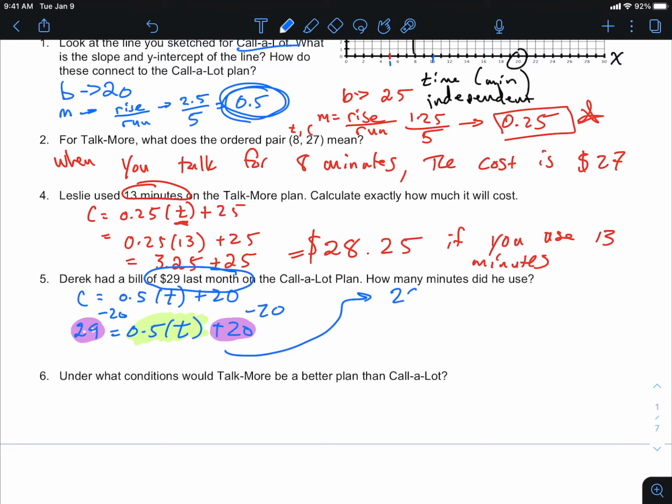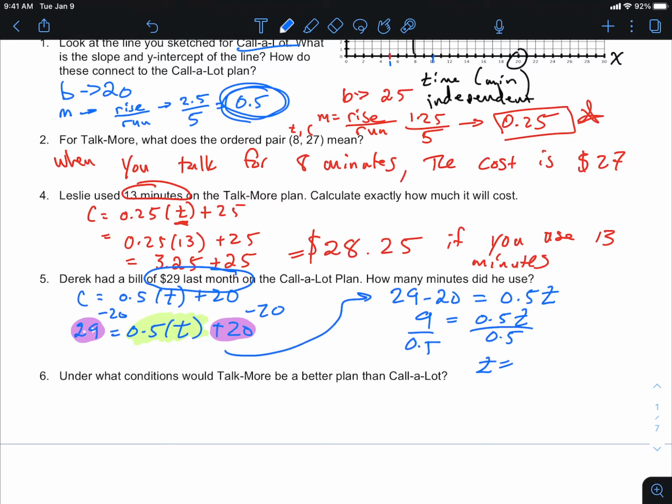So I'm going to go 29 minus 20 is equal to 0.5 T. That's 9 equals 0.5 T. How are these two things attached? With multiplication. What's the opposite of multiplying? Division. Divide both sides by 0.5.